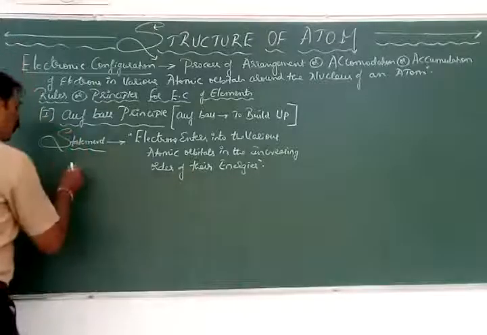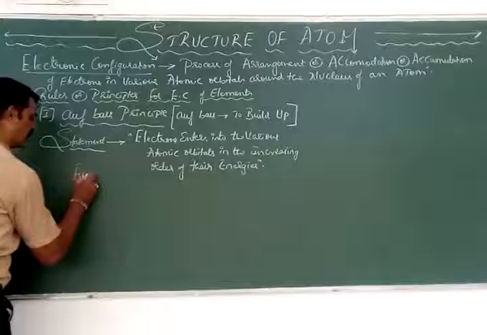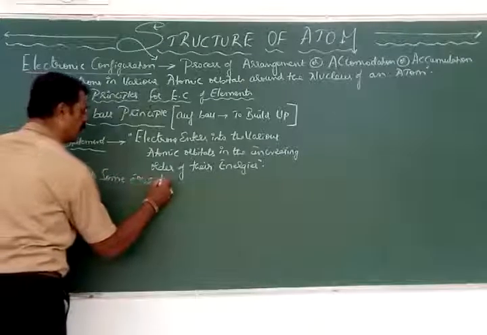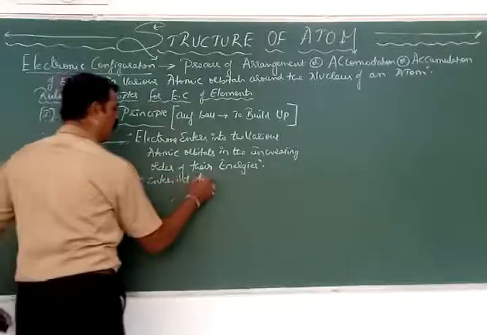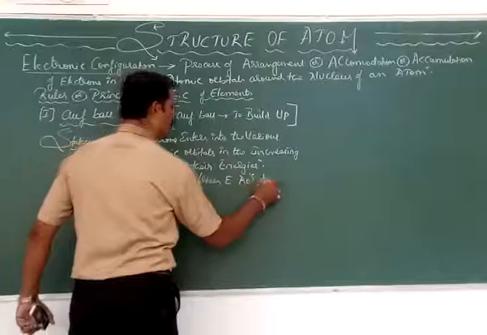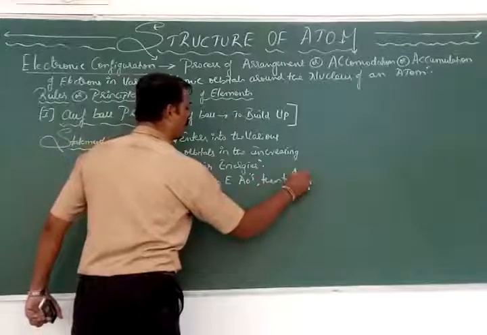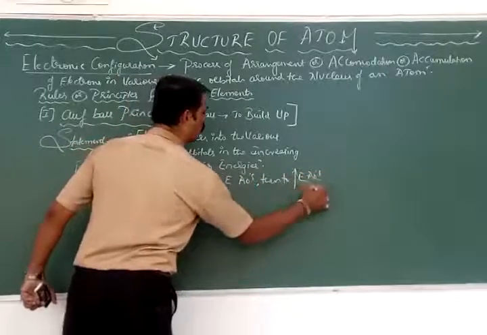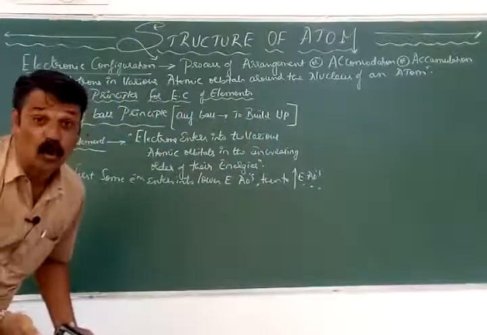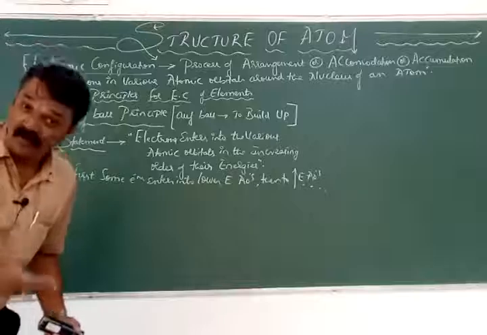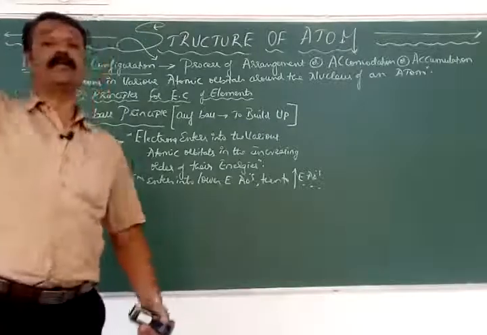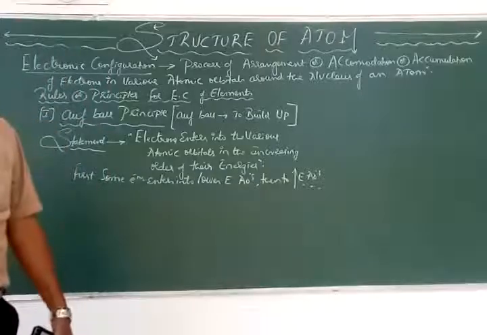It means first some electrons enter the lower energy atomic orbitals, then the higher energy atomic orbitals, and so on. The electrons first have to enter into the what? Lower energy atomic orbitals. After those are filled, we move on to the higher energy atomic orbitals, then to further higher energy atomic orbitals.